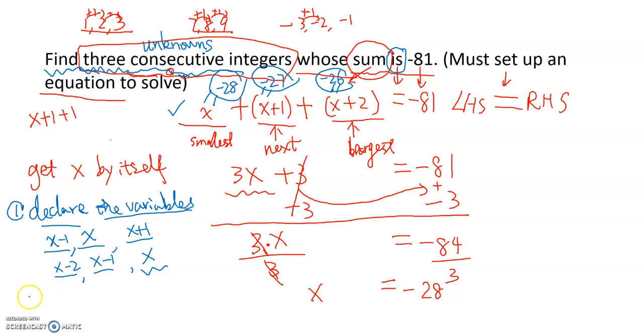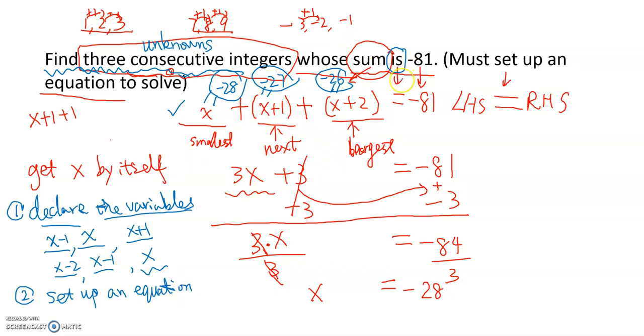Okay, after you declare the variables, you have all the unknowns with the algebraic expressions expressing them. Now you can set up an equation. That's when you have to look for an equal relation somewhere to help you set up an equation. When you set up an equation, you translate the words to symbols.